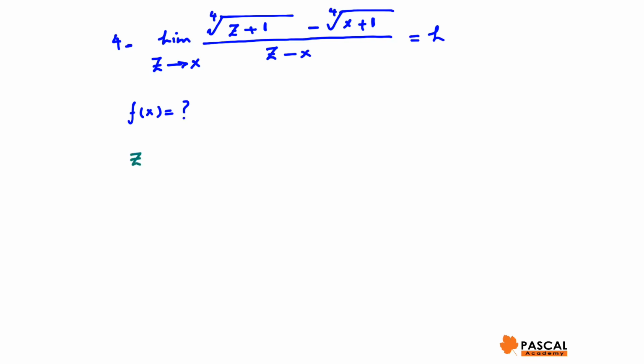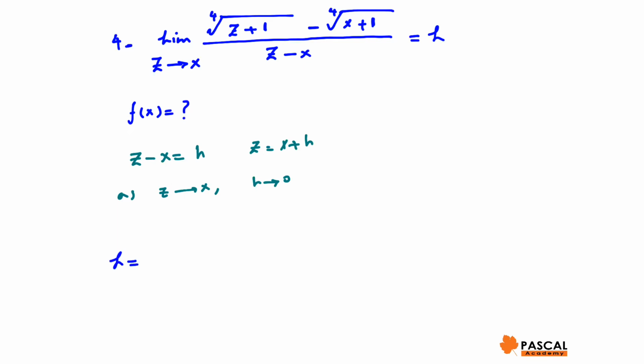If we call z minus x h, as z approaches x, h approaches 0, and z would be x plus h.